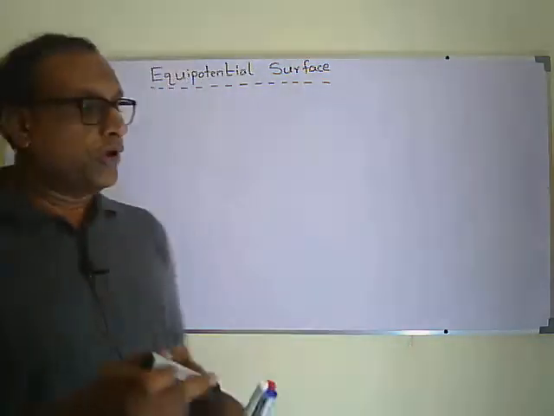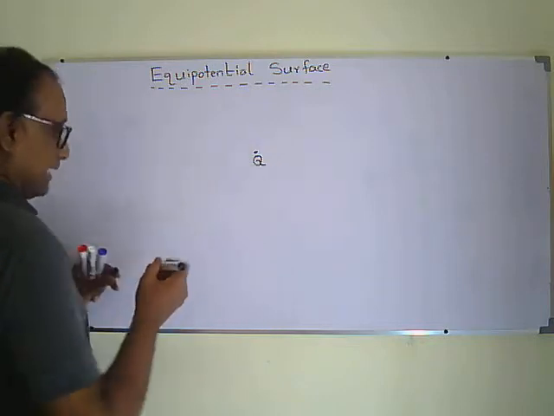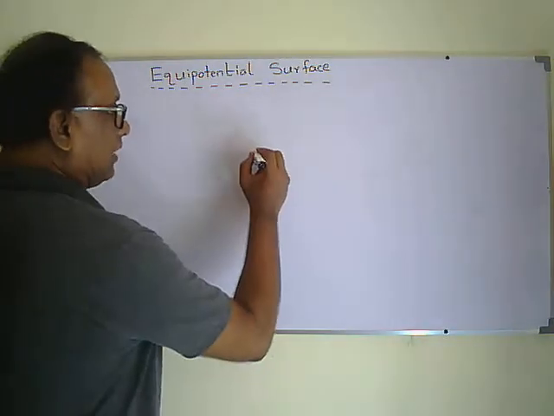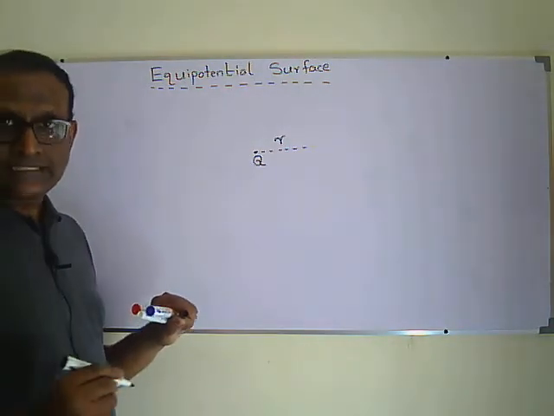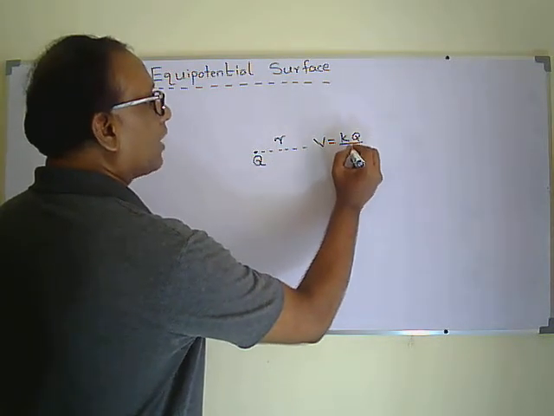Consider a point charge kept in space. If a charge Q is kept in space, it will create an electric potential around it everywhere. At a distance r from the charge, the electric potential is given by V equals kQ over r.